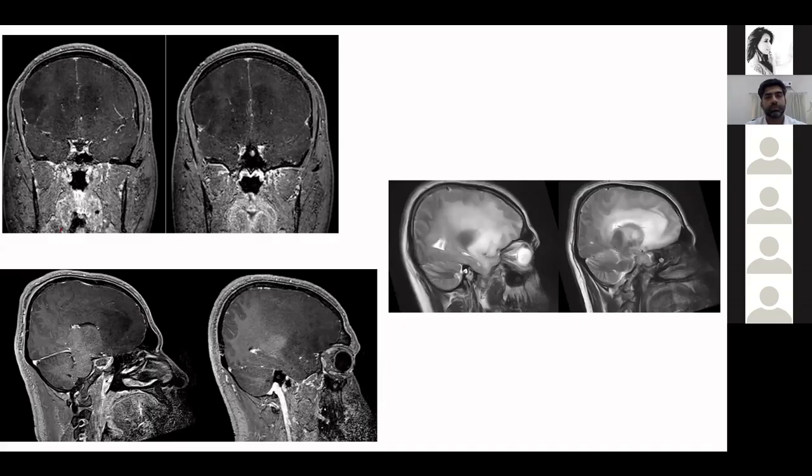On the left are post-contrast coronal and sagittal sequences. Again, we do not appreciate any discrete enhancement within the lesion. This is a hypointense, diffusely infiltrative lesion. And on the right is a sagittal T2-weighted sequence, showing the infiltrative nature of the lesion involving the frontoparietal and temporal lobes.